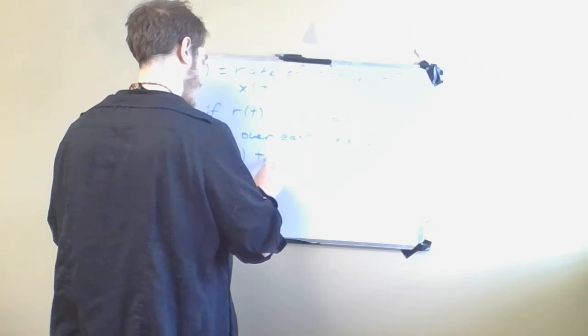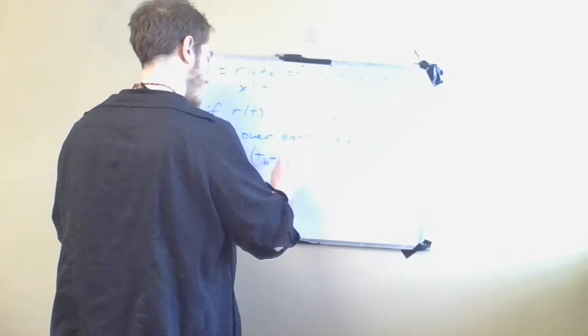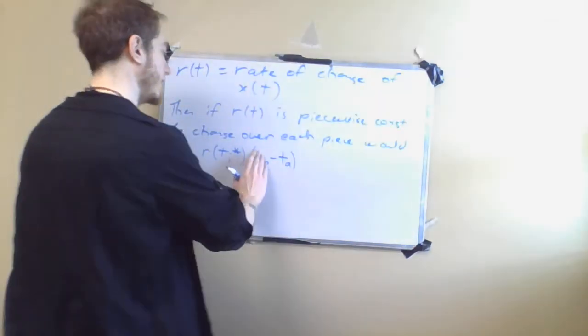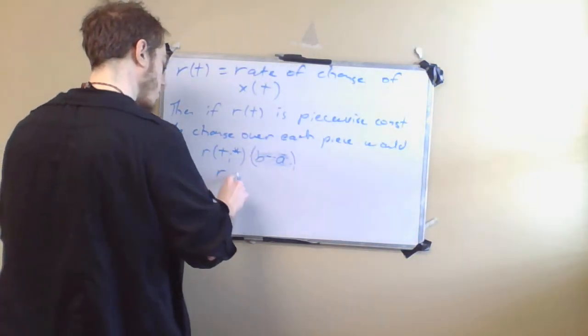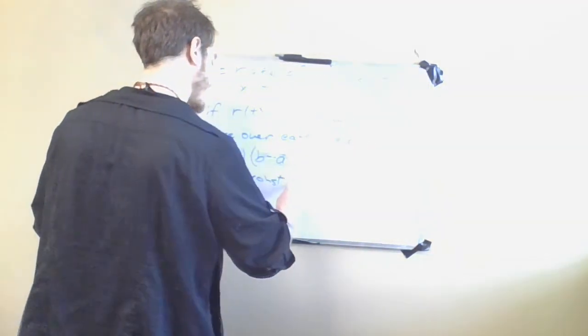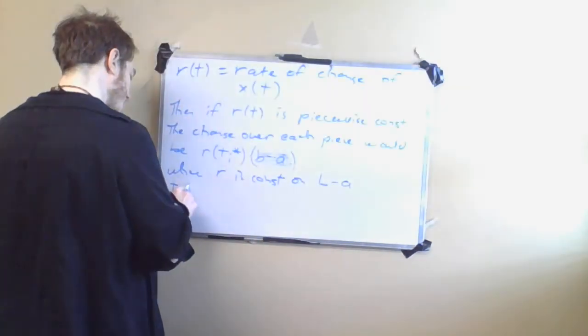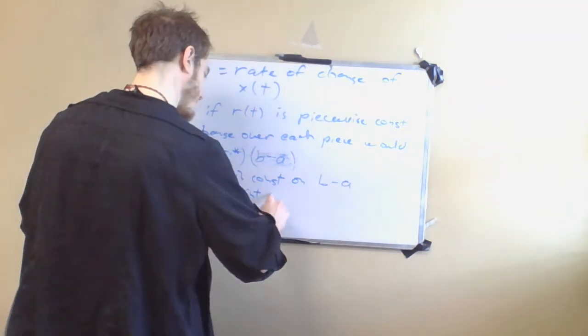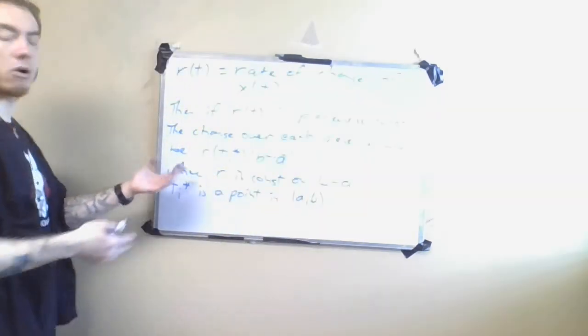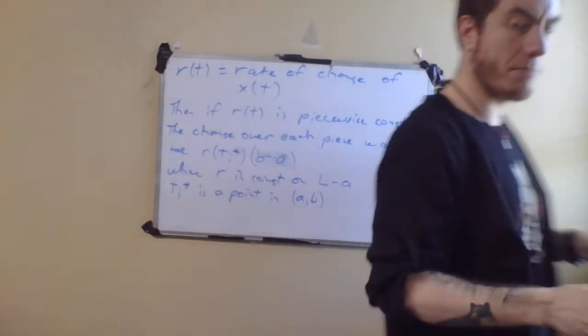So instead of TA and TB, we'll just call it B minus A, where R is constant on B minus A, and Ti star is a point in the interval from A to B. And since R is constant, it doesn't matter what point I pick.